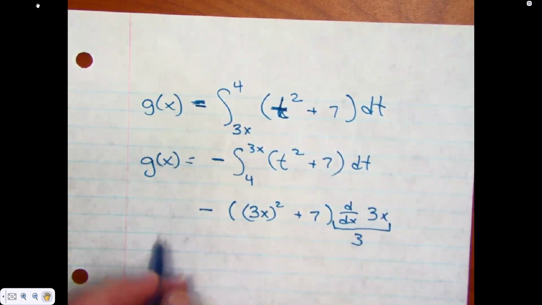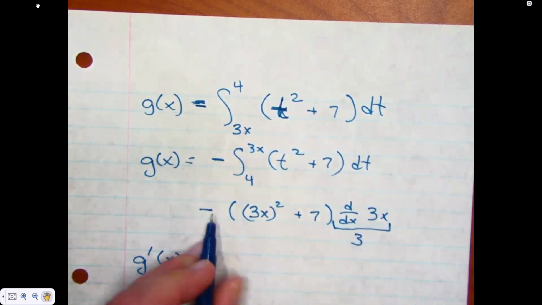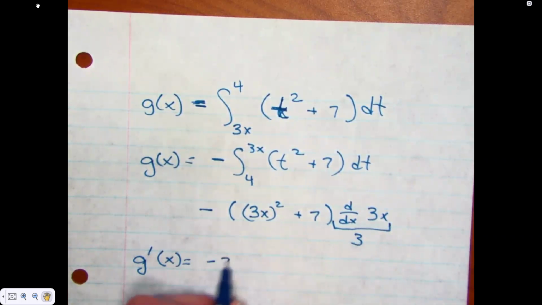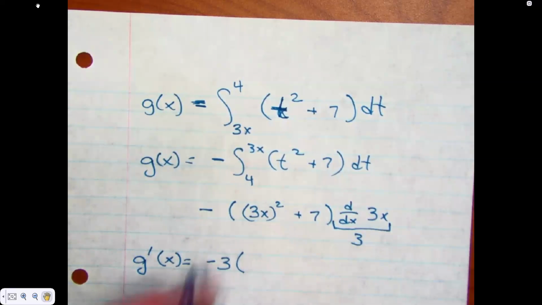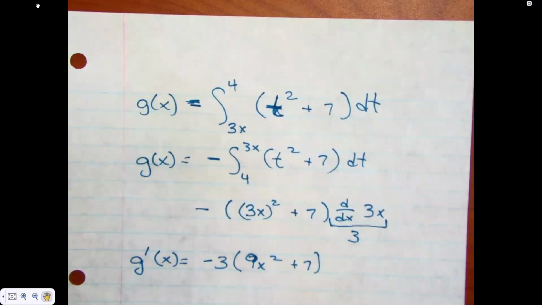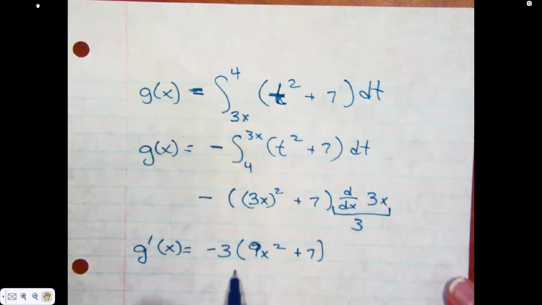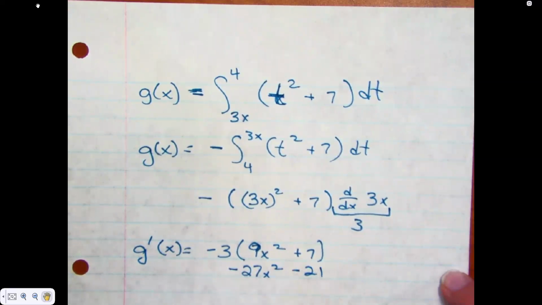So I'm going to put the negative and the 3 together. It's not 3x squared, it is 9x squared. You have to square the 3 and the x. That answer is okay. We could also distribute, right? Negative 27x squared minus 20.